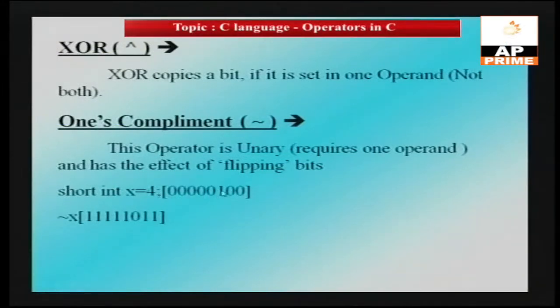What is the binary number of 4? 100, remaining zeros. If I go for tilde of x, it means complement: 0 bit converts to 1, 1 bit converts to 0, 0 bit converts to 1. This is called reverse bits, 0 for 1, 1 for 0.